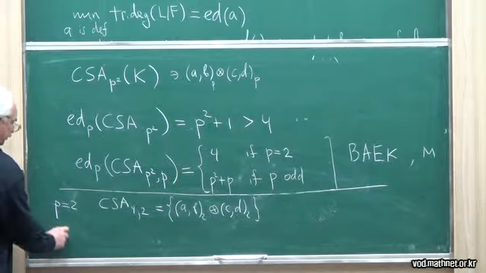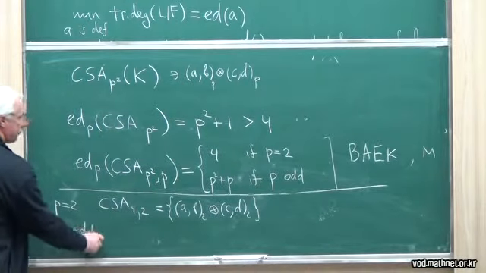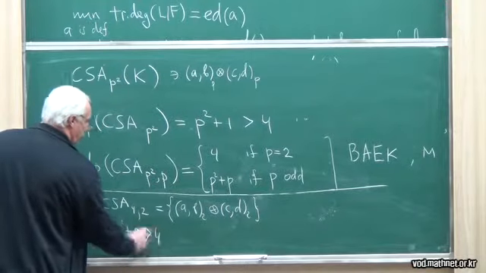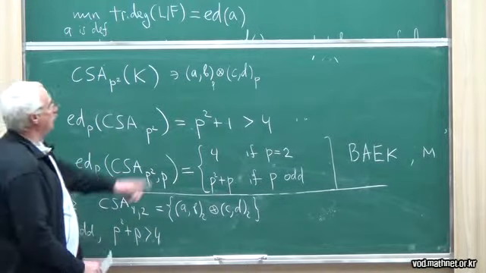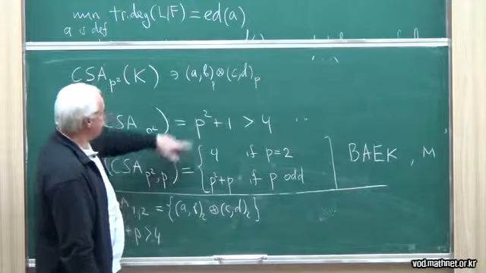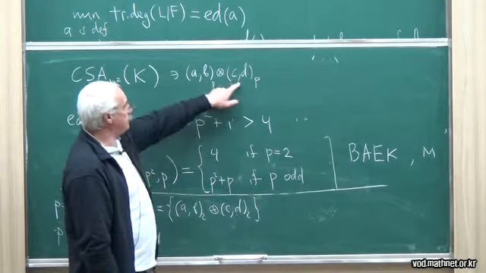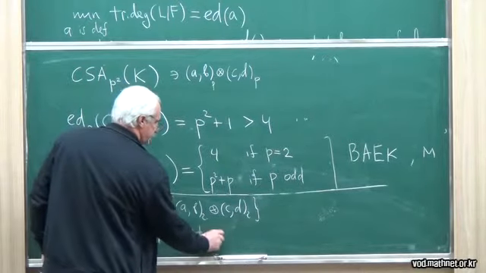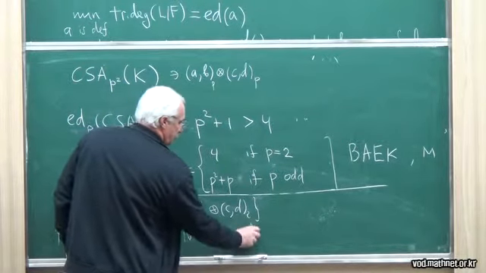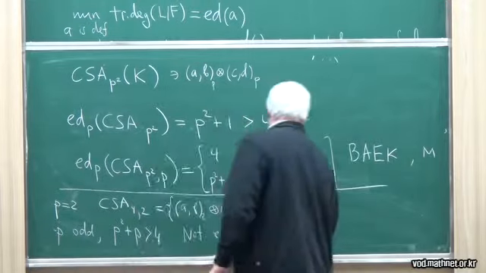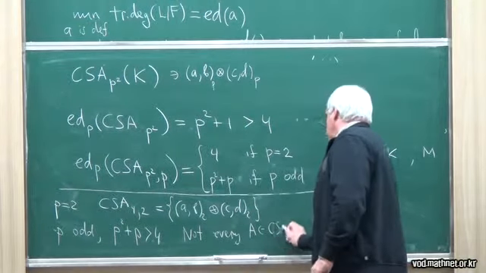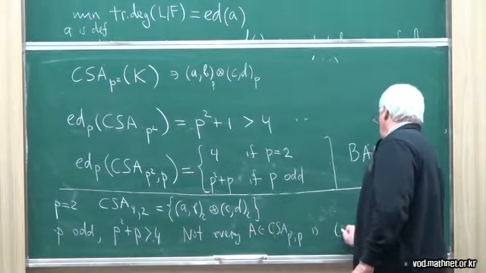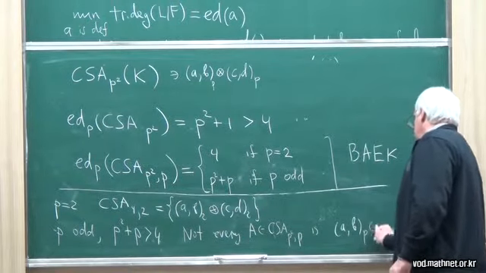But when p is odd, of course p squared plus p is greater than 4. And again, we see that even in the class of algebras of exponent p, not every algebra is of this form. Not every algebra A in the class of central simple algebras of degree p squared and exponent p is (a,b) times (c,d).